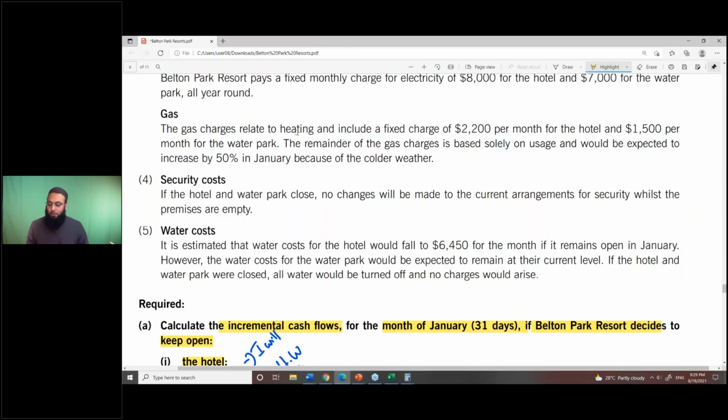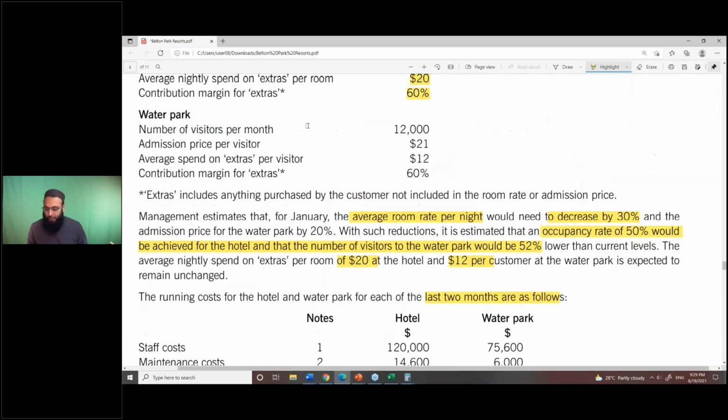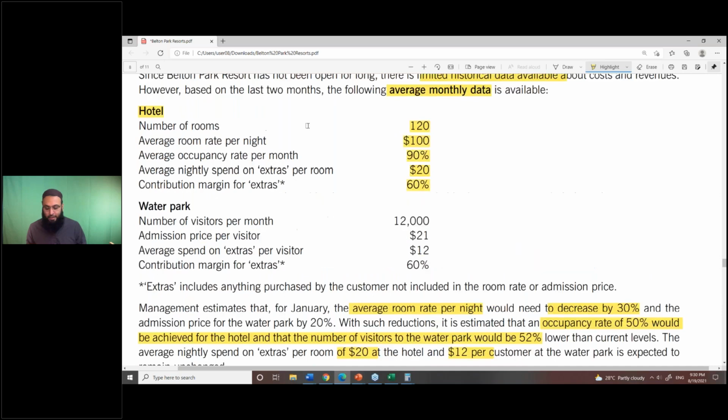So let's begin with the first one, and I'm doing my calculations for the hotel here. I want everybody to be really concentrating and understand what exactly we are supposed to do in this case. So let's begin with the calculations and see what options we have.